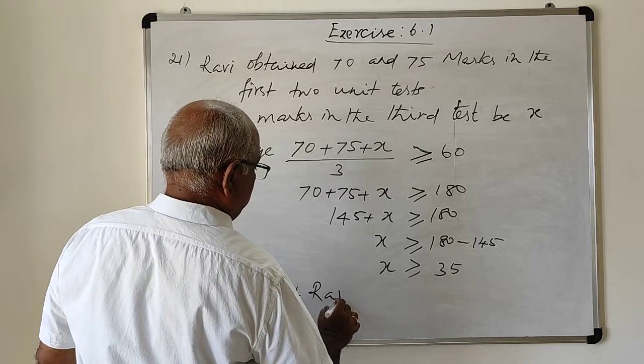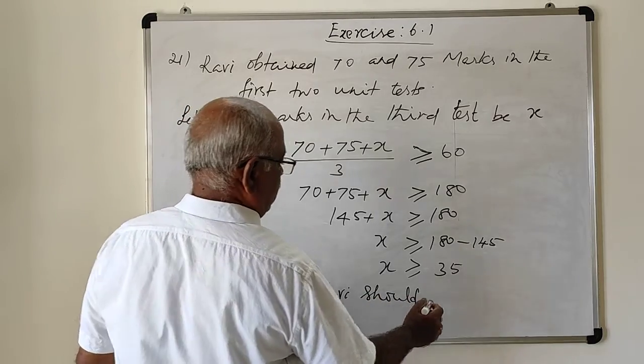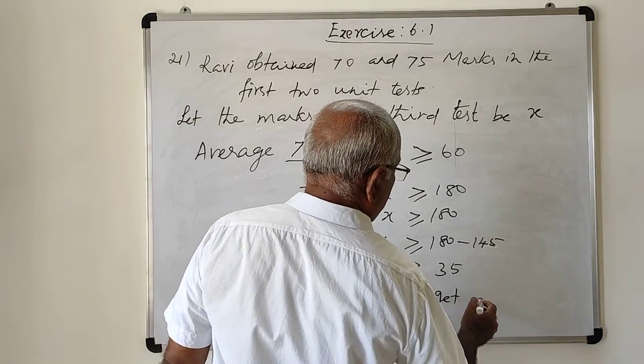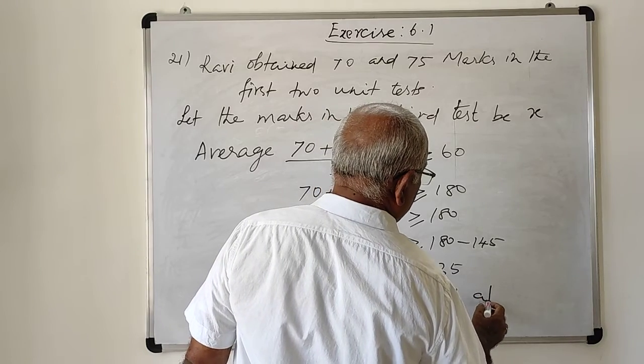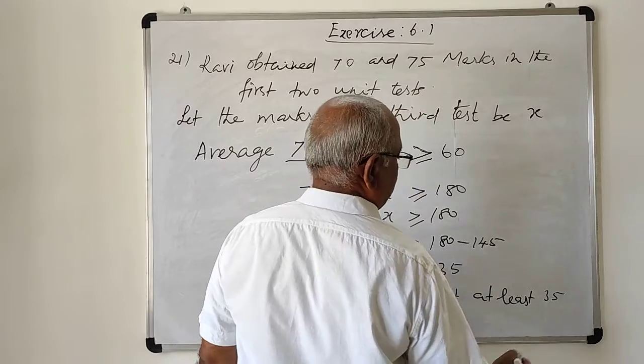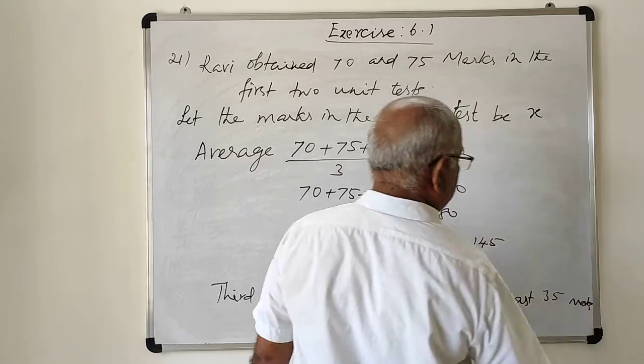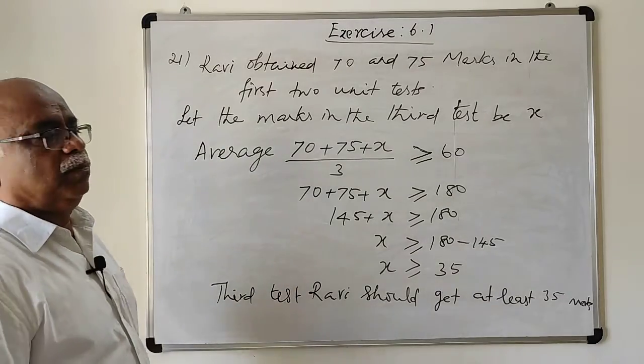Ravi should get at least 35 marks, that means greater than or equal to 35. That's all about the problem.